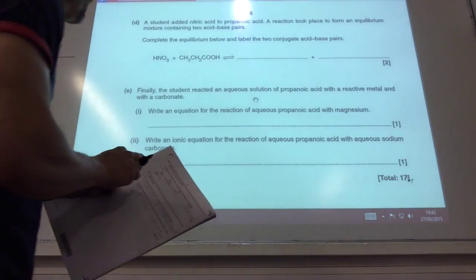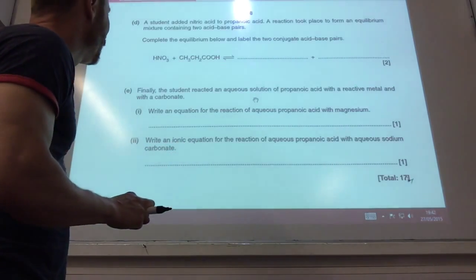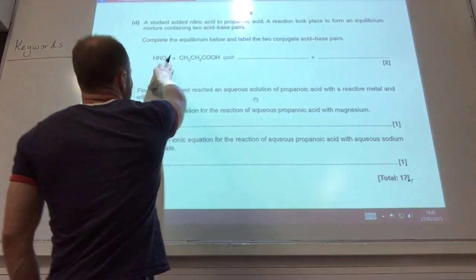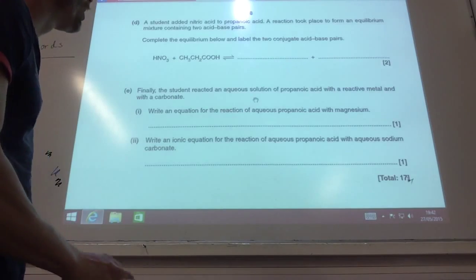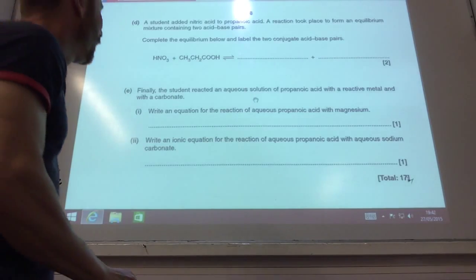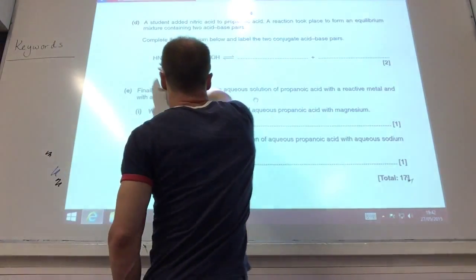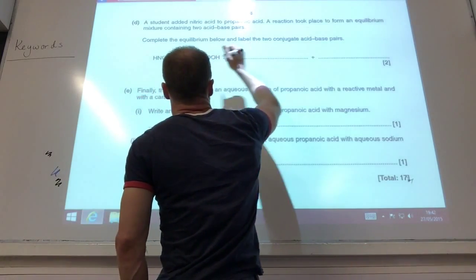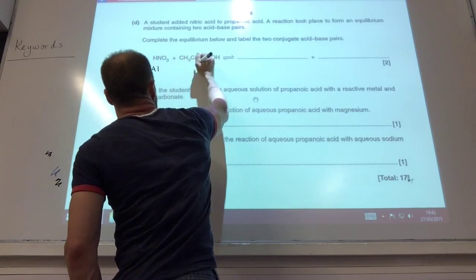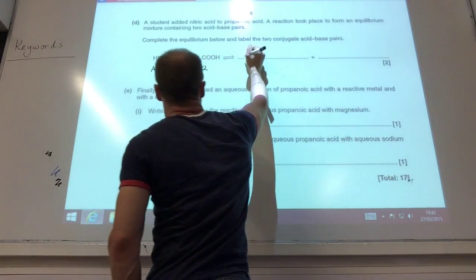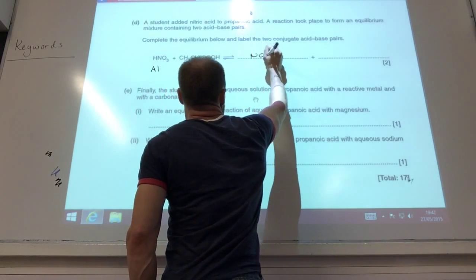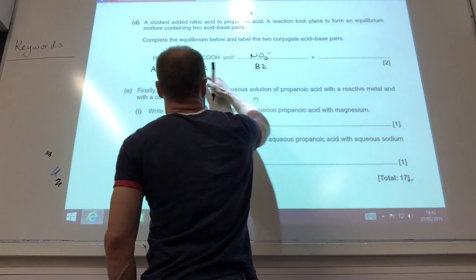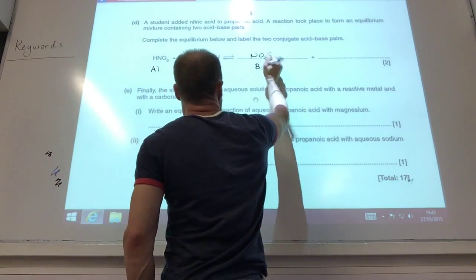Right, okay, time to look at a couple of acids now. I've got nitric acid and propanoic acid. Nitric acid is going to be the strong acid here. It's going to be stronger than propanoic acid. So, he is going to be acid 1, which means he's base 2. That is going to lose a hydrogen to form the nitrate ion, which is going to be base 1.